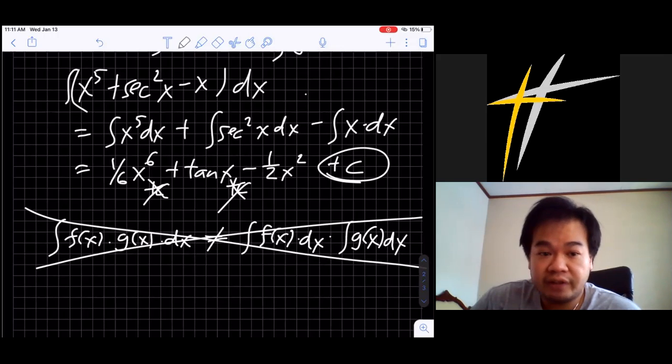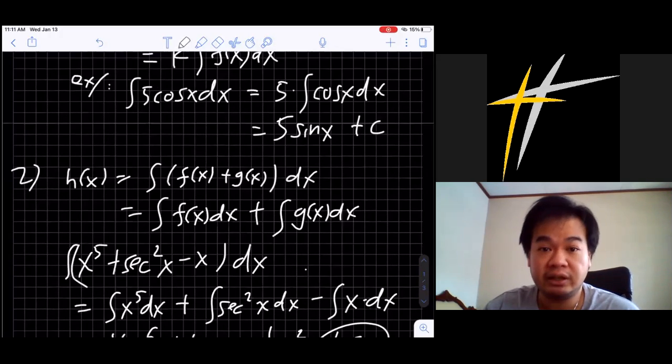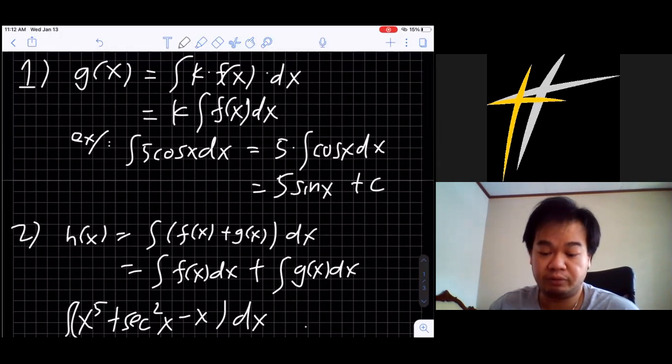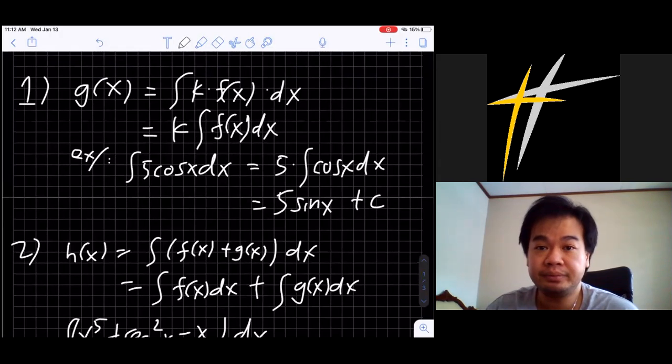So the integral of f(x) times g(x) dx is not equal to the integral of f(x) dx times the integral of g(x) dx. Don't ever separate the integral when you have a multiplication of two functions. But if it's a multiplication by a constant, then of course you can separate it. I mean, you can put the constant outside, like property number 1.